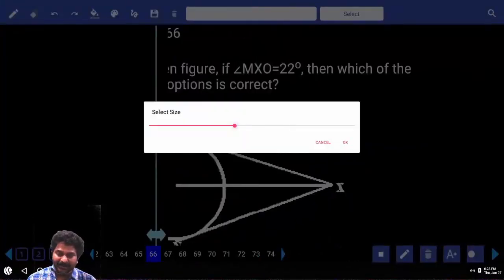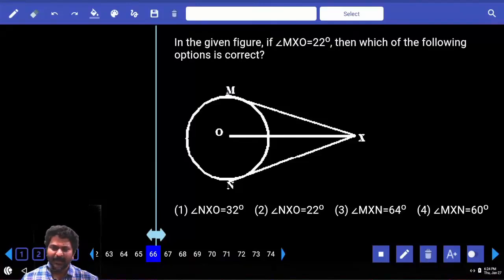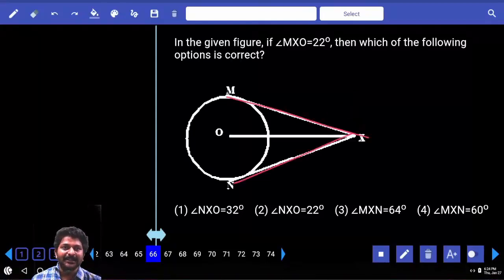Right. Look at this. MXO is 22 degrees. This angle is 22 degrees. Which of the following is correct? Okay. Before that, for this circle, MX is a tangent. NX is also a tangent. Tangent's length must be the same, right?